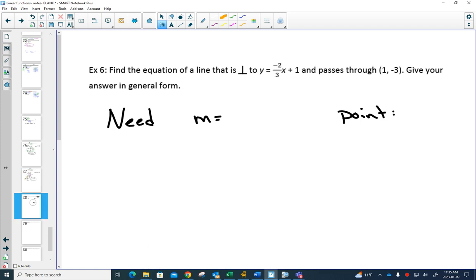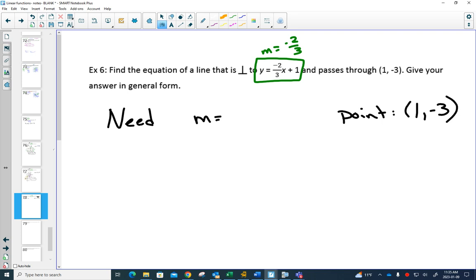This is very similar to the last one, isn't it? Can you see that the point is not disguised at all? It goes through that point. They didn't tell us the slope, but they gave us this green line, and that green line, you know your slope is negative 2 over 3.